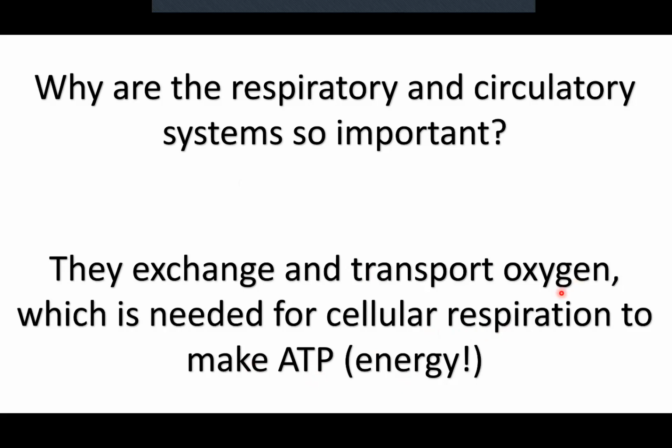So oxygen is super important, and you'll learn in detail how important it is when you learn about the steps of cellular respiration. But that will come later, so you don't need to worry too much about cellular respiration now. Just understand oxygen is critical for it, and cellular respiration produces energy that your cells and your entire body need.